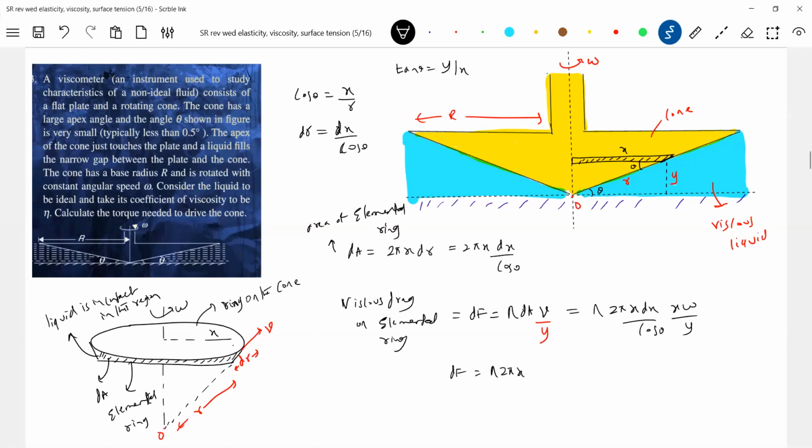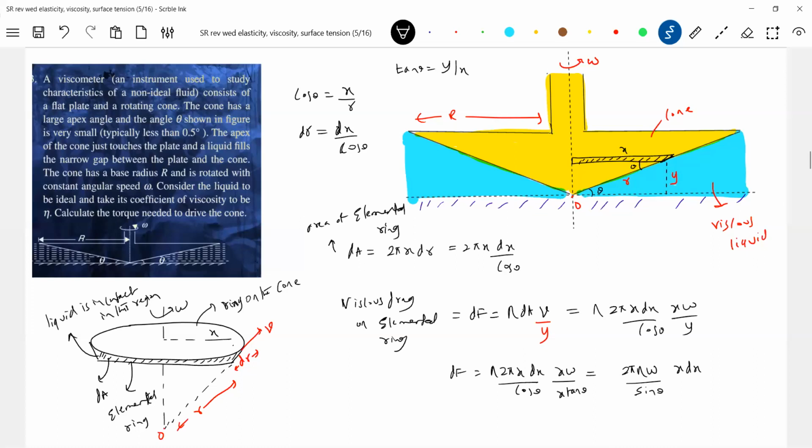Eta 2 pi x dx cos theta x omega, Y I'll write as x tan theta. So 2 pi eta, what all will get eliminated? Omega. Cos theta into tan theta will be sin theta, x dx. This is the force, viscous drag on the elemental ring.